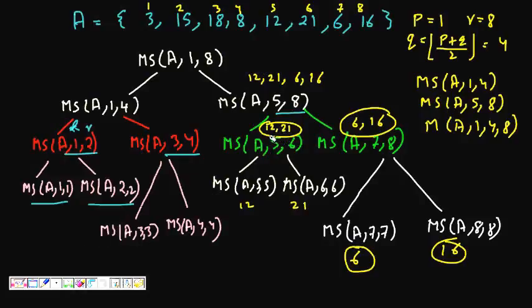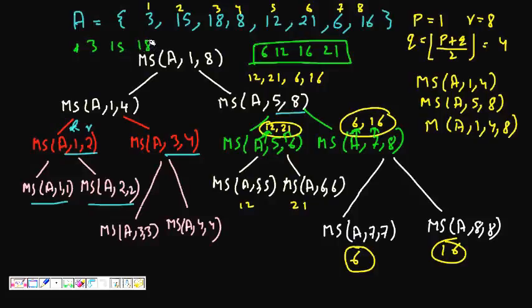We have a pointer here and a pointer here, so 6 is copied here and the pointer moves to this place. Now 12 is less than 16, so 12 comes here and the pointer moves, then 16 is less than 21, and then 21. So this is the sorted array of the right part.